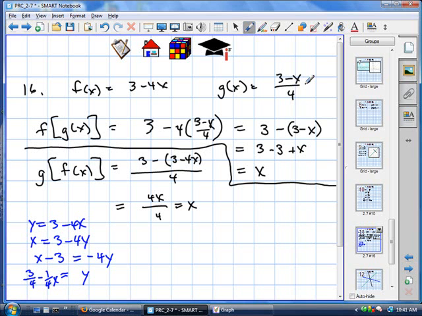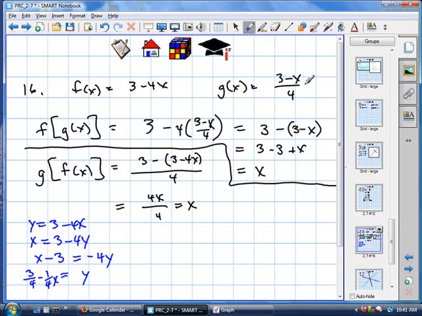Okay? Well, g of x is this guy, and what am I supposed to do with it? I'm supposed to multiply it by 4 and subtract it from 3. So take this guy, multiply it by 4, and subtract all of that from 3. When you simplify that, what happens? Well, doesn't this 4 cancel here? Yes.